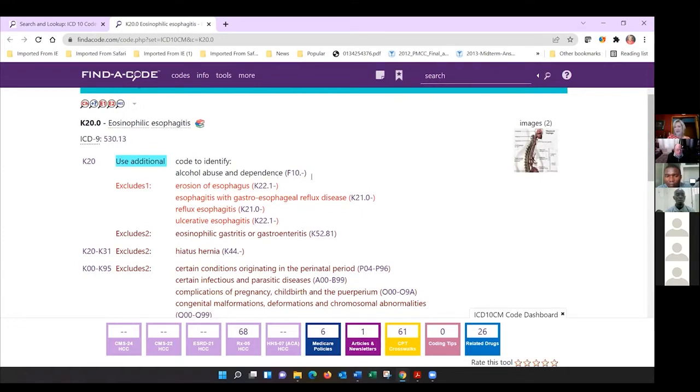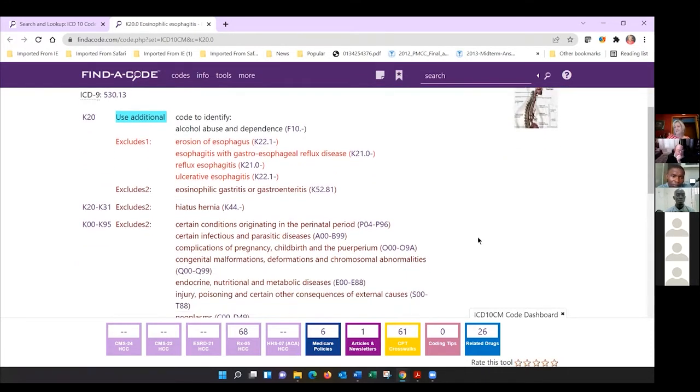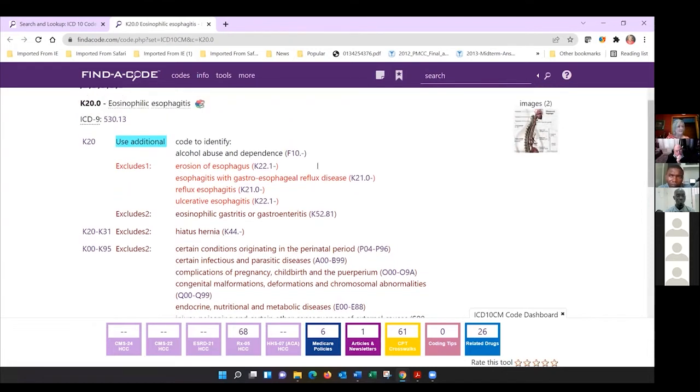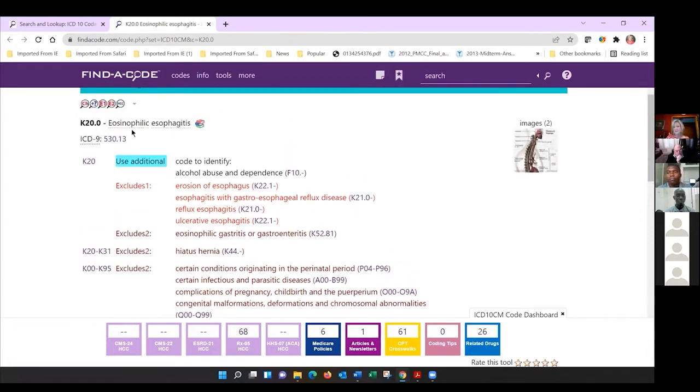Didn't see any notes about that. Nope. So I could disregard that. And the Excludes1 note tells me what? If one of these diagnoses is listed in my documentation, I cannot code it with K20.0.